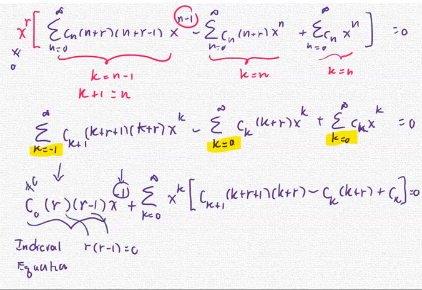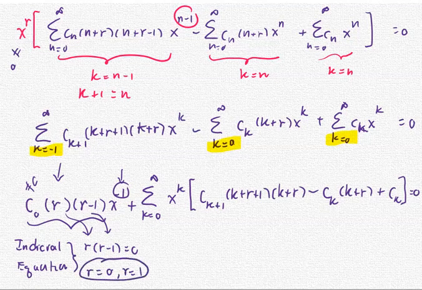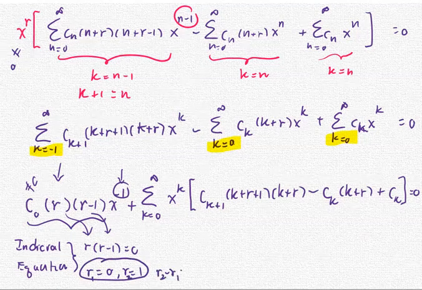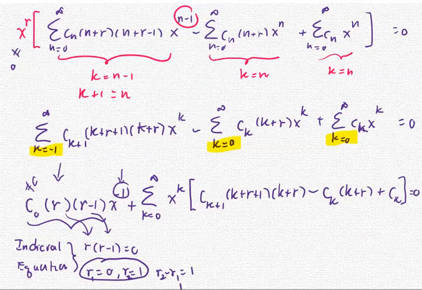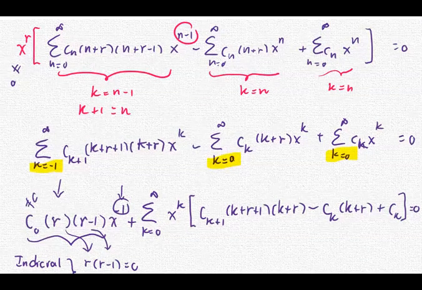So r times r minus 1, the equation for r, is already in factored form. It's nice. Then we get r equals 0 and r equals 1. In this case, r1 and r2, r2 minus r1 equals 1, which is a positive integer. Going to be case 2.